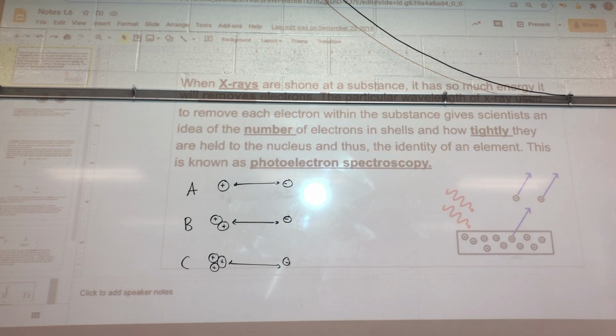So pick A, B, or C. Which one would experience the greatest force of attraction if I were to measure it, and why?